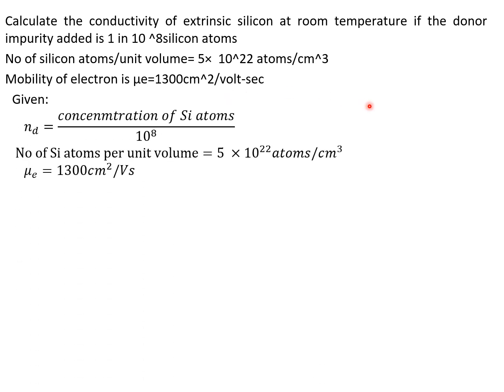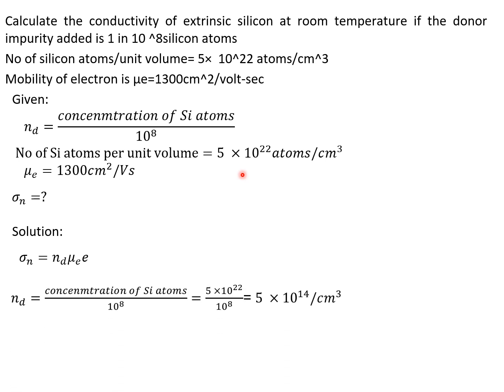Given data is summarized here. Number of silicon atoms per unit volume is given. Mobility of electrons is given. We need to calculate conductivity. Let us solve the numerical. Sigma n is equal to Nd mu e.